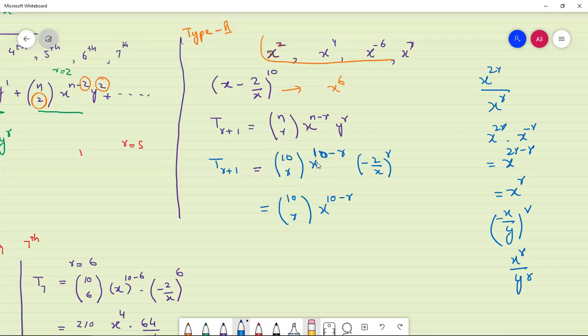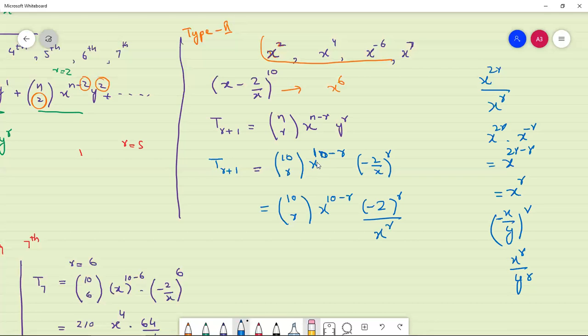But if there is a negative sign, we don't know whether r is even, in which case the negative sign would become positive, or r is odd, in which case the negative sign remains the same. So we cannot remove this negative sign. So just shift this negative sign with the 2. It doesn't matter, r and then x power r.